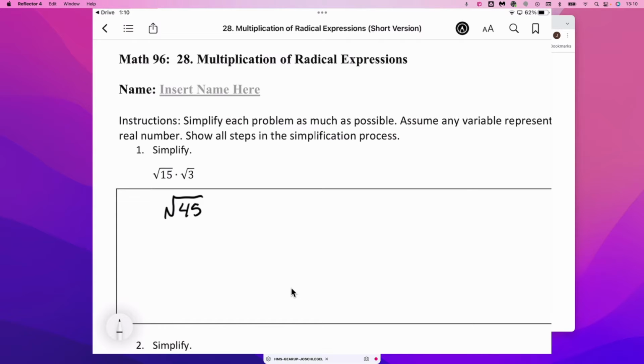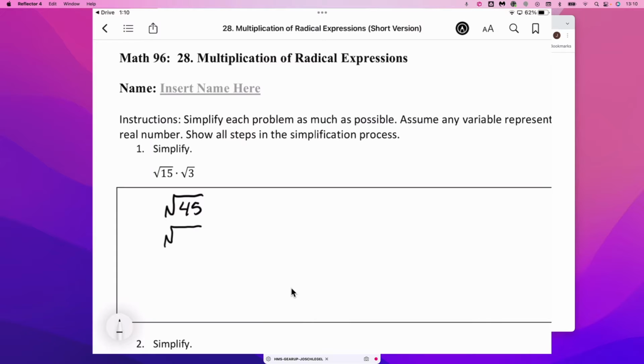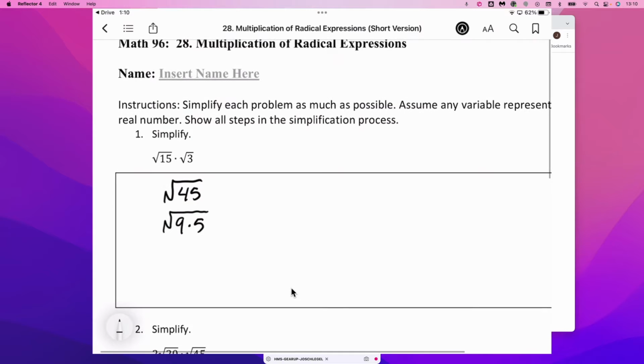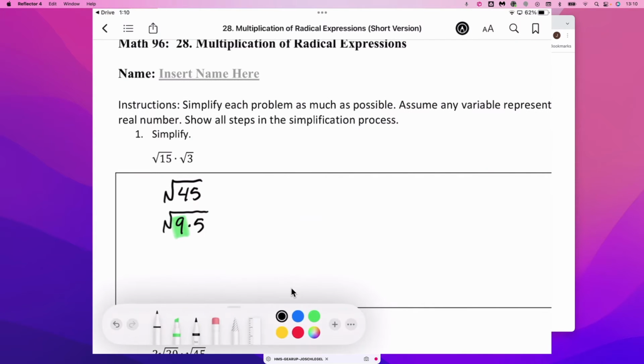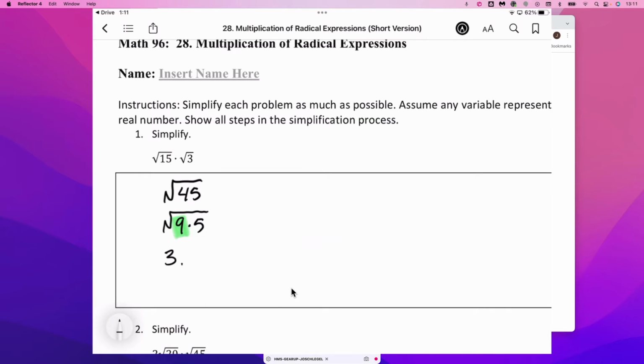Square root of 45, we're looking for a number that, when we take the square root, is a factor of 45. So we're going to have 9 times 5, because we can take the square root of 9, and 9 times 5 makes 45. We will be taking the square root of 9. That's going to leave 3 on the outside here, and 5 on the inside. So that simplifies to be 3 times the square root of 5.